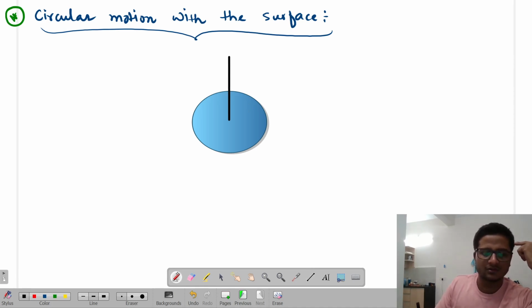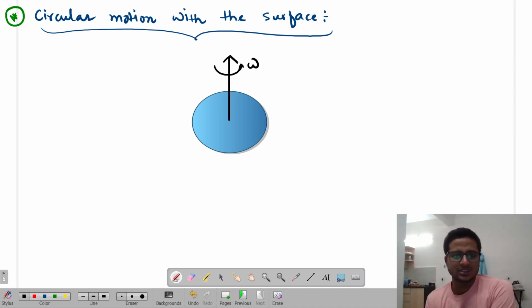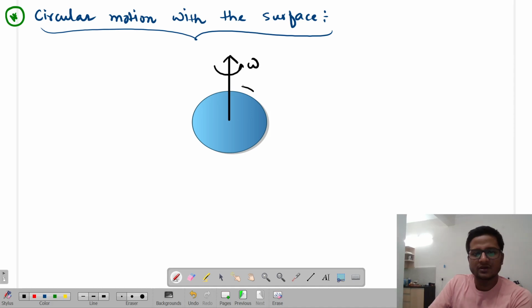Now I attached one particular rod with it, and then I started rotating this rod with angular velocity omega. So this disk will also start rotating with angular velocity omega or not?